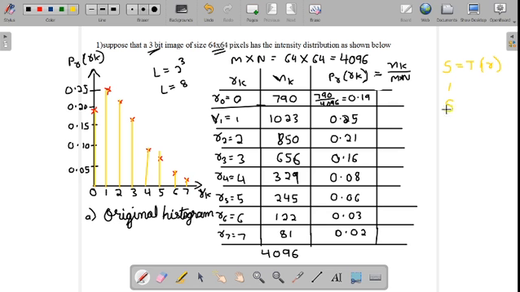You can write this as sk equals transformation on r of k. Since you are applying a basic intensity transformation on each individual intensity level, you get the output sk. So first r naught gives s naught, r1 gives s1, r2 gives s2, and r7 gives s7. Clear with that?